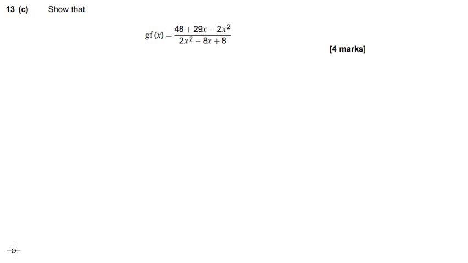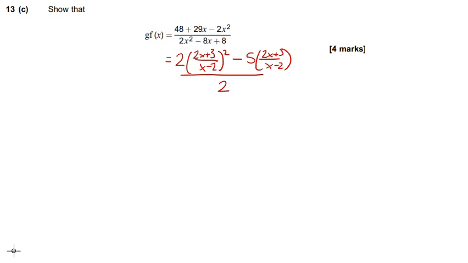Part C, show that this is true. So the composition of G and F. G was 2x squared, first of all. So we've got 2 times 2x plus 3 over x minus 2. That was F. Minus 5, lots of that.